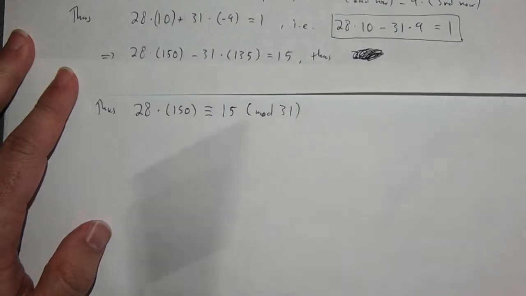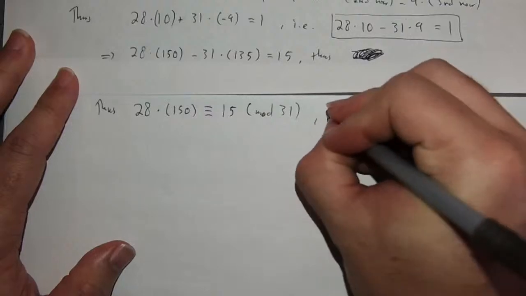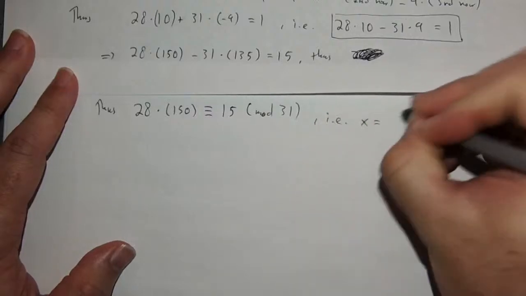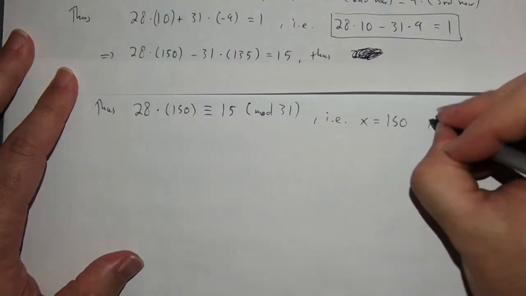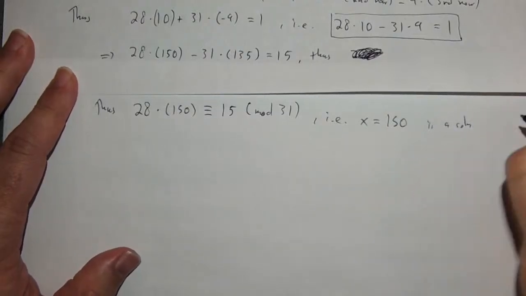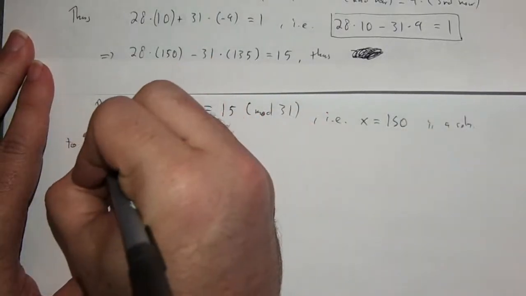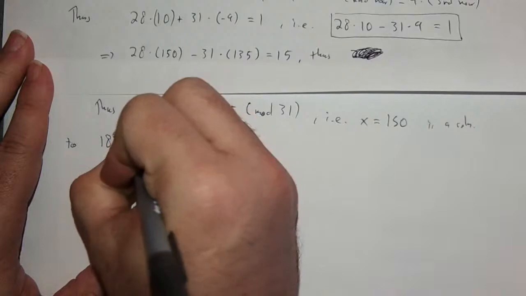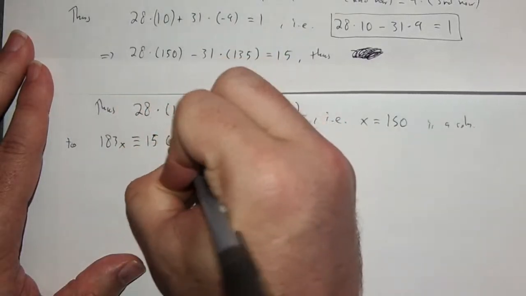So 31 is 0 mod 31, and so what's left is 28 times 150. So 28 times 150 is congruent to 15 mod 31, i.e. x equals 150 is a solution to the congruence 183 times x is congruent to 15 mod 31.